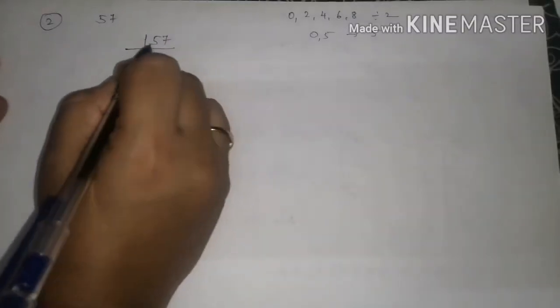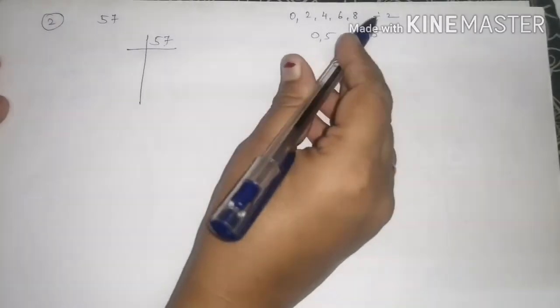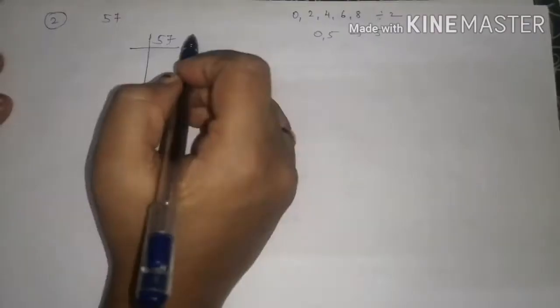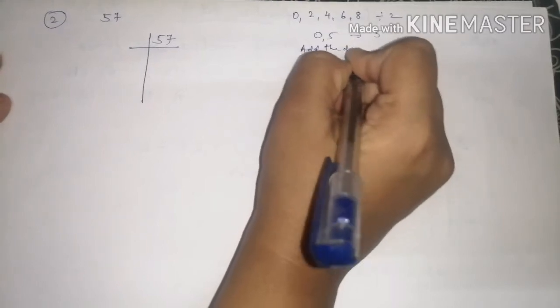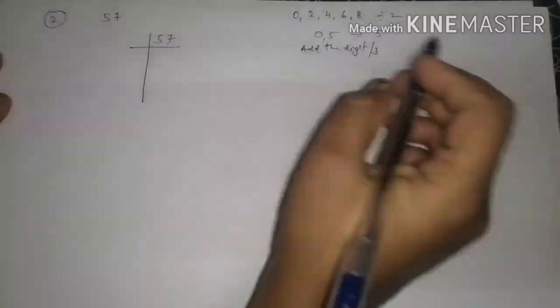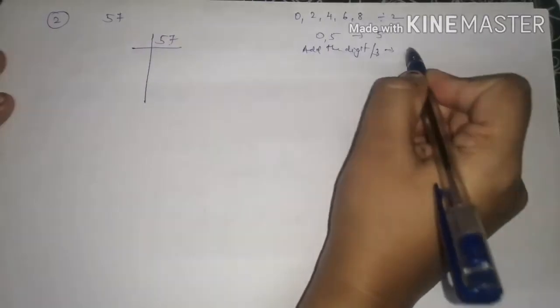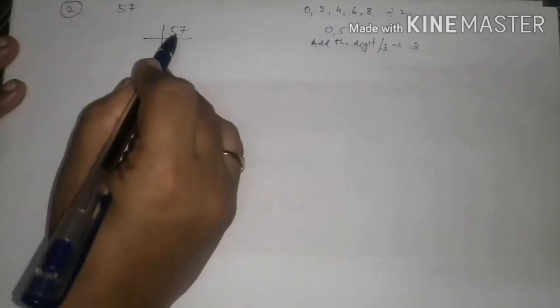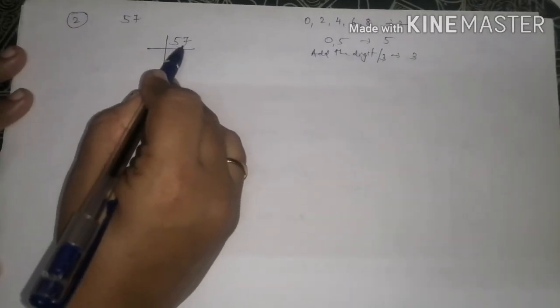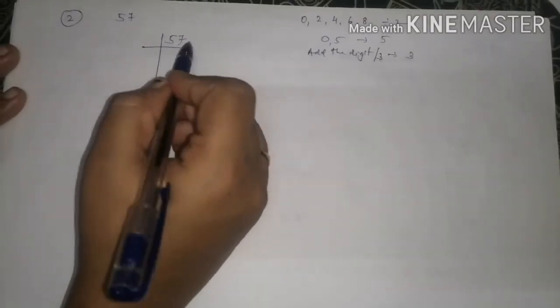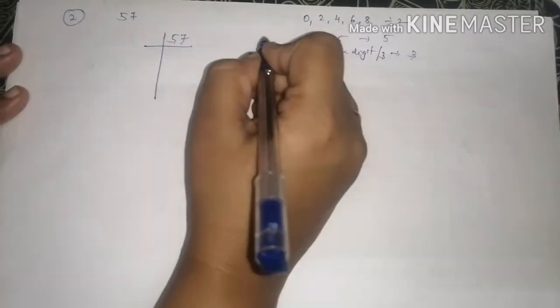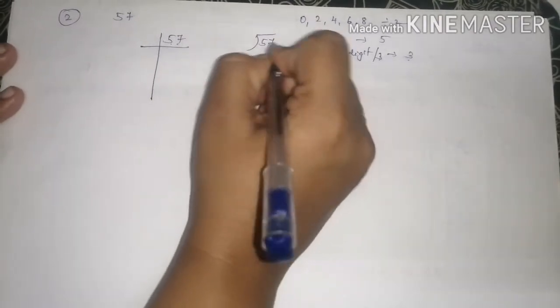Now the units place is 7, so it will not get divided by 2. For 3, I told you, add the digits; if the sum is divisible by 3, then the number will get divided by 3. Now 5 plus 7 is what? 12. 12 gets divided by 3. So therefore 57 will also get divided by 3.